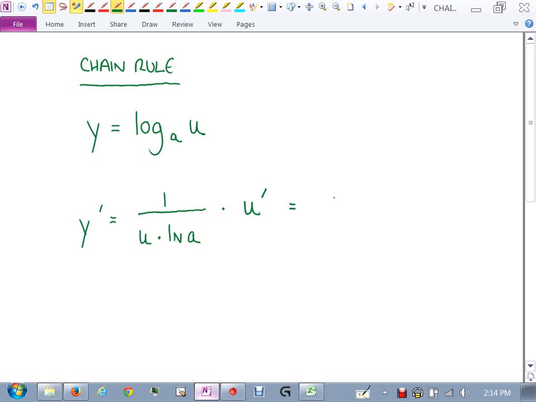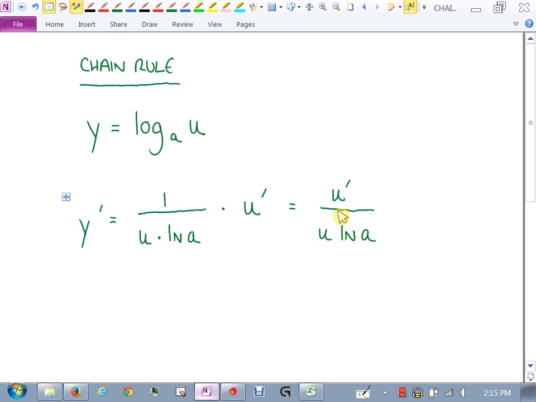Sometimes people will prefer to write it this way. People will say the derivative of log base a of u is first just to put the derivative of u and then divide it by the u natural log a.